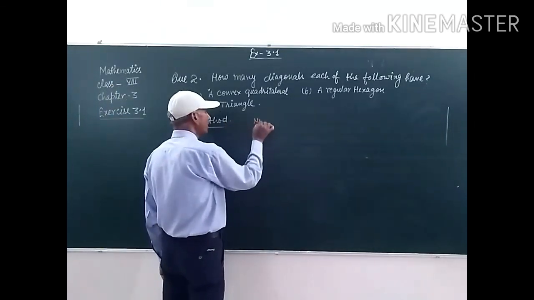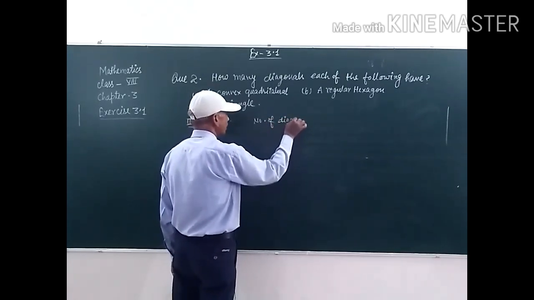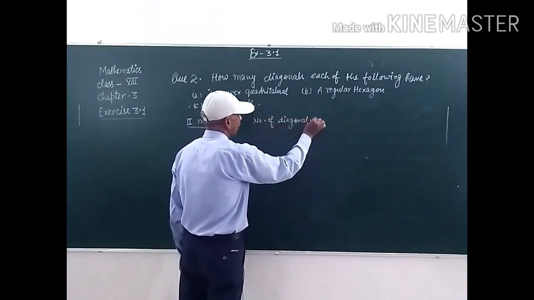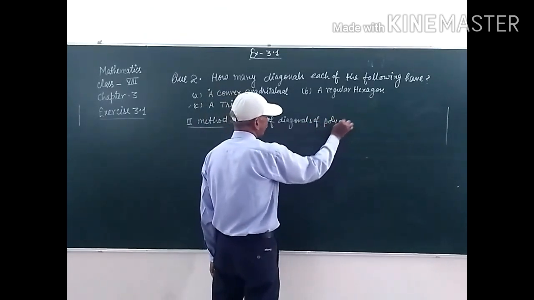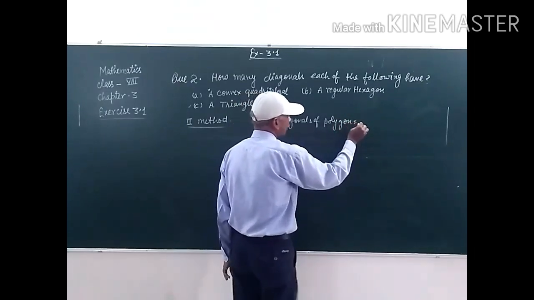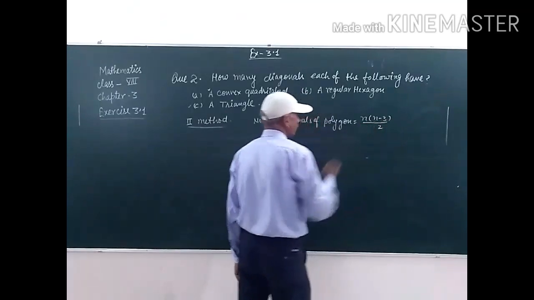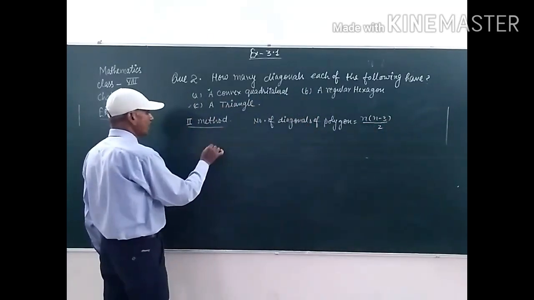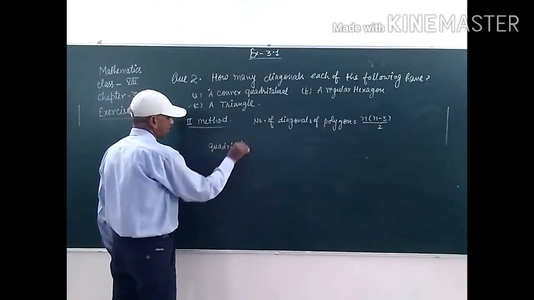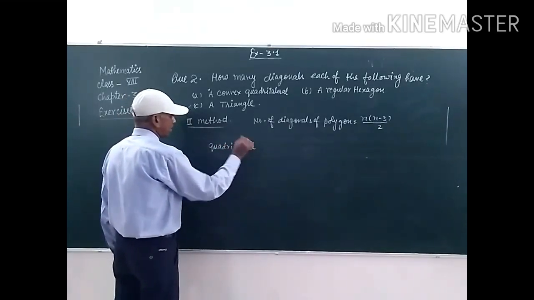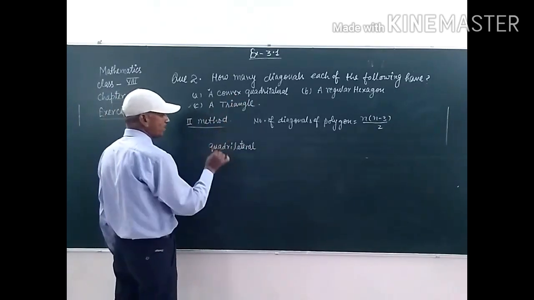Formula: number of diagonals of a polygon is equal to n times n minus 3, divided by 2. So first is the quadrilateral. That is a convex quadrilateral, student, a 4-sided figure.